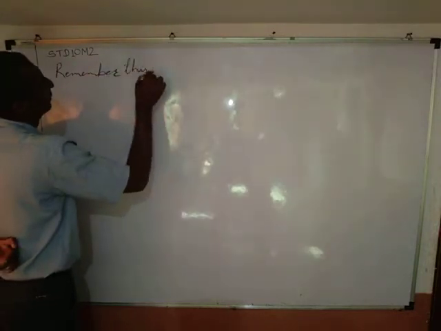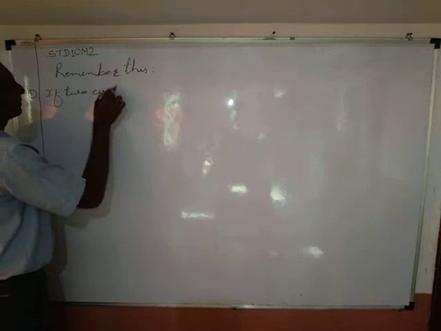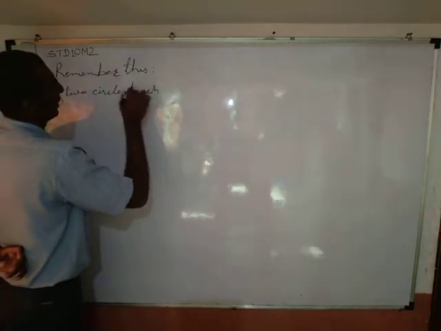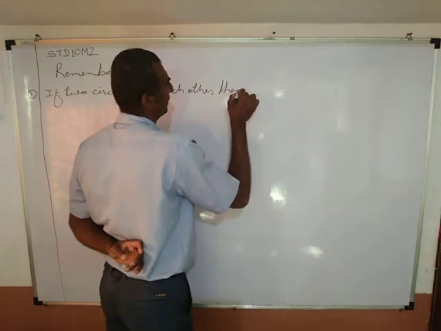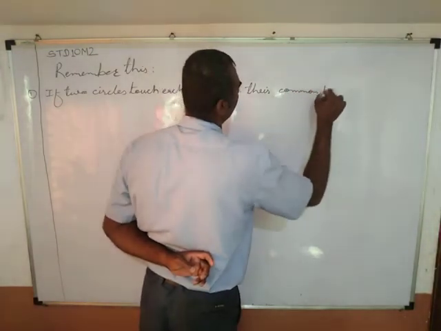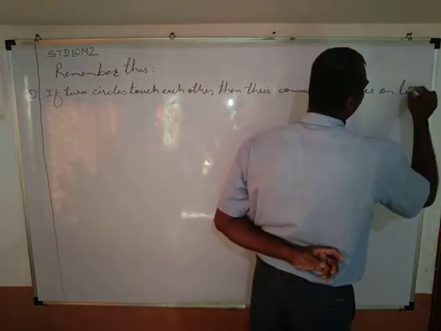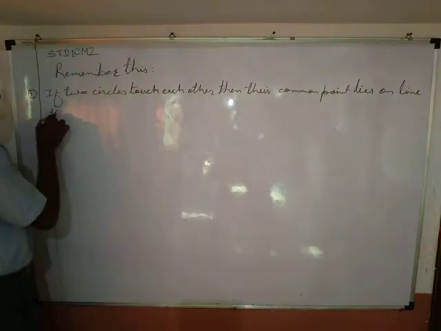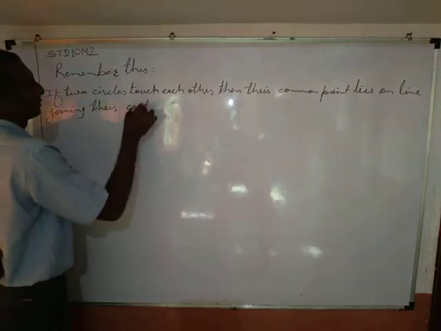Now remember this. Number one, if circles touch each other, then their common point lies on the line joining their centers.